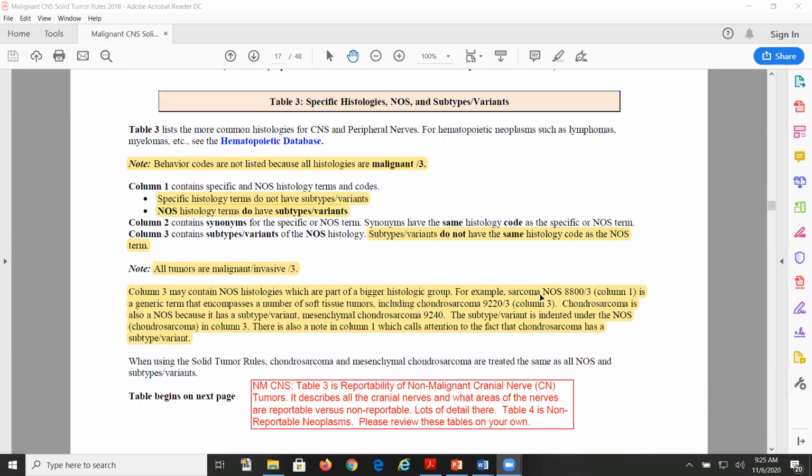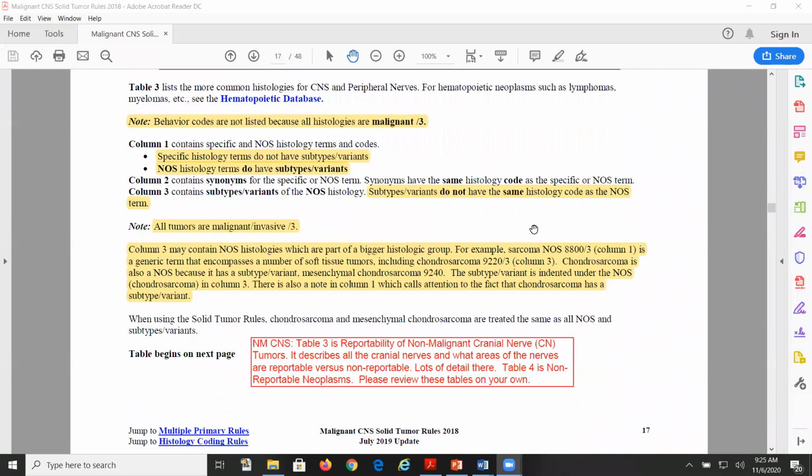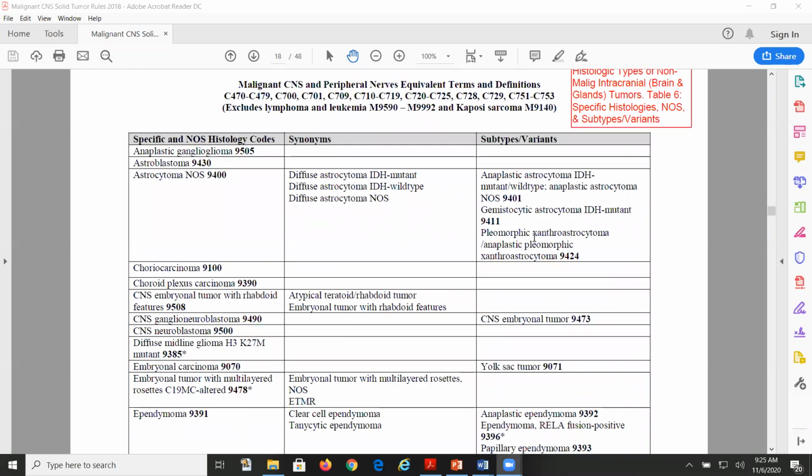Okay, so moving on to our next section, our histology. And here, the histology table appears in similar fashion to the tables in all the other sets of rules. Our specific and NOS histology is column 1. Our synonyms is column 2.